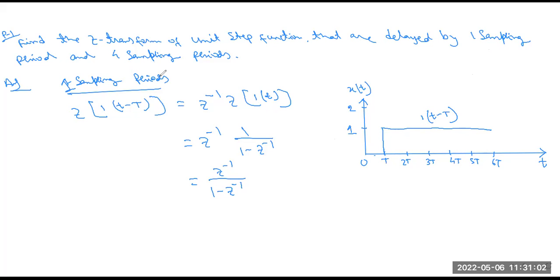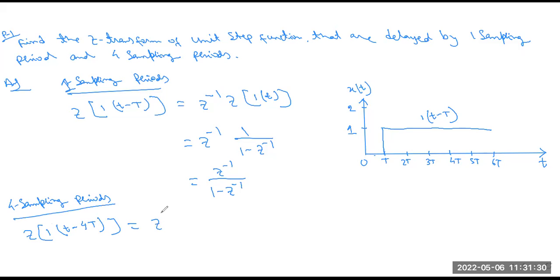Another part is 4 sampling periods. This is the same thing. That means the Z transform of 1 into t minus 4t. Please remember this.